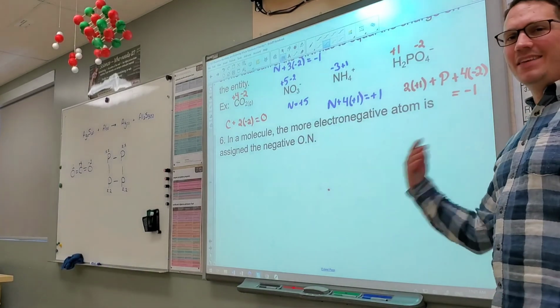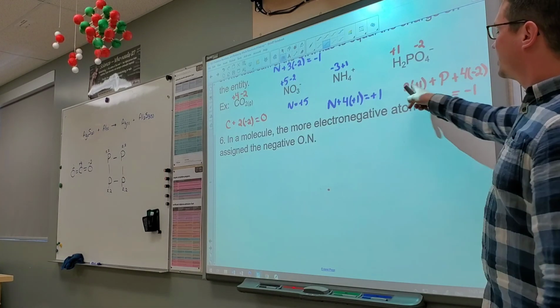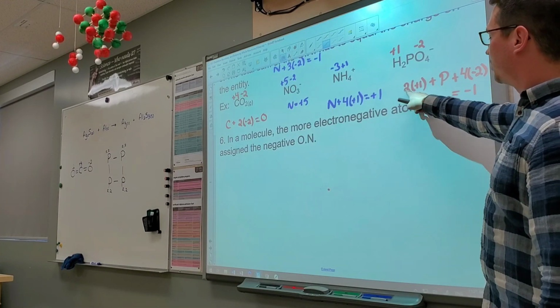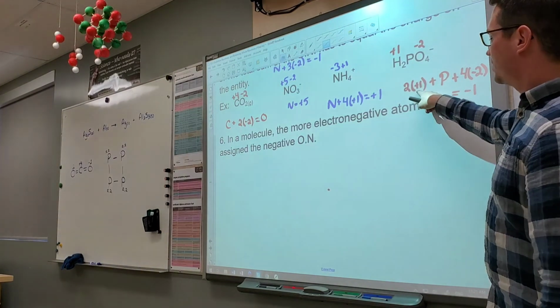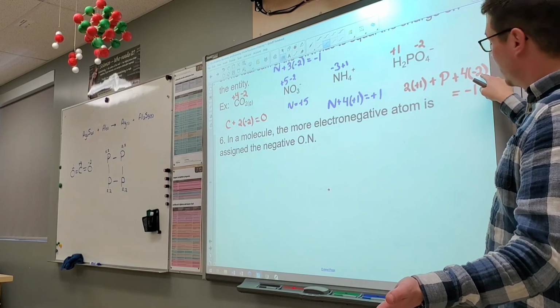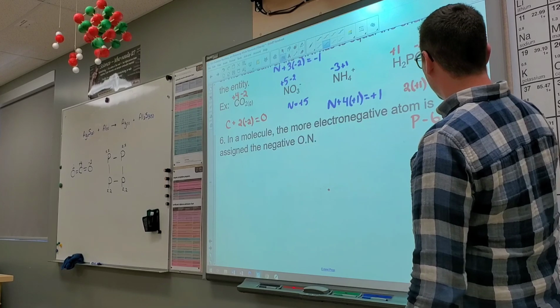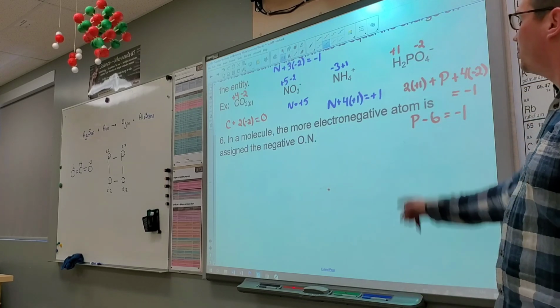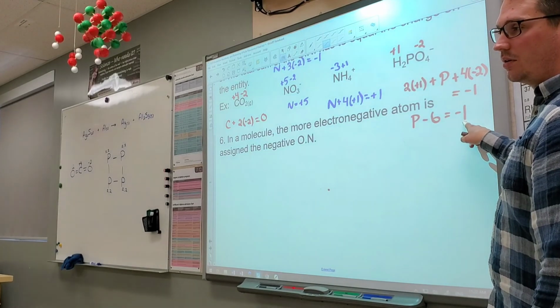Let's simplify this a little bit. What do all of our constants on the left side add up to? Plus 2 and minus 8. Plus 2 and minus 8 is minus 6, right? So that's like saying p minus 6 equals negative 1. What does p have to be in order to have negative 1 left over?